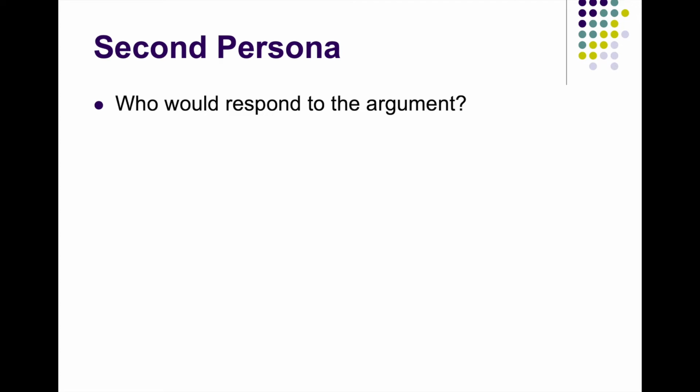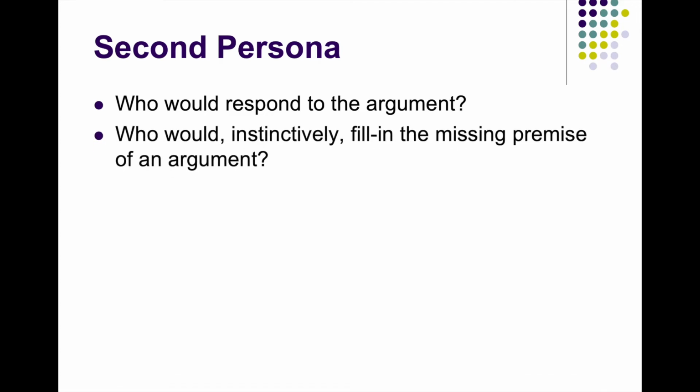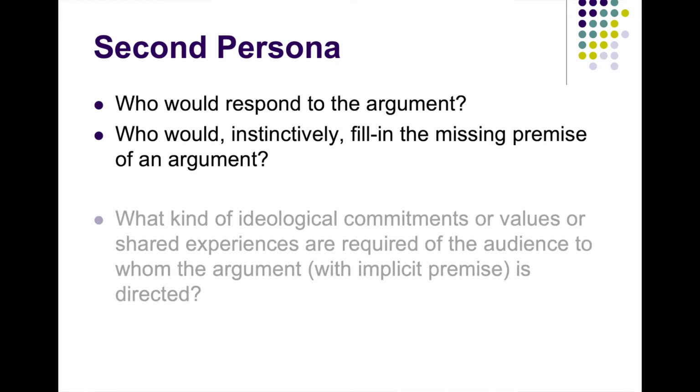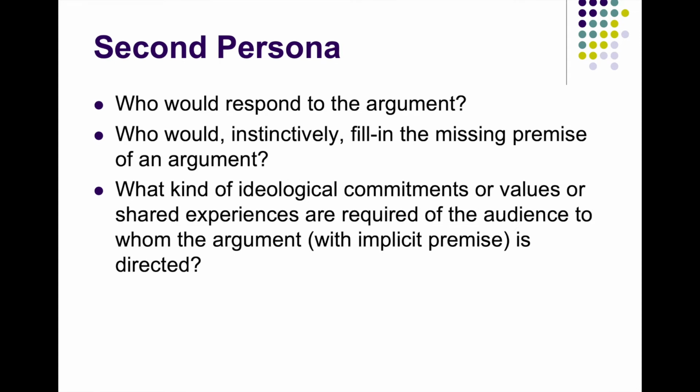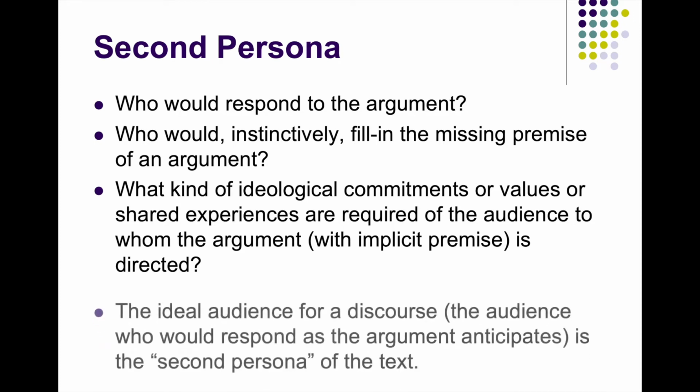So we begin by asking, who would respond to the argument? Who would instinctively fill in the missing premise of an argument? What kind of ideological commitments or values or shared experiences are required of the audience to whom the argument with the implicit premise is directed? So what does that audience have to know? What do they have to believe? What values do they have to possess in order to complete the argument?